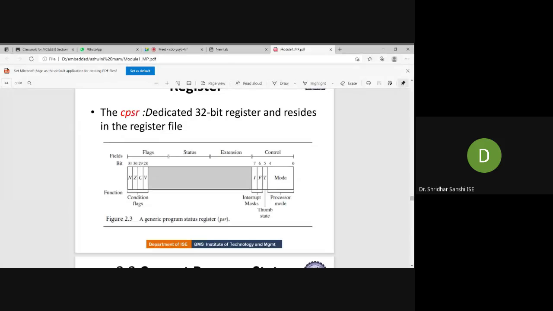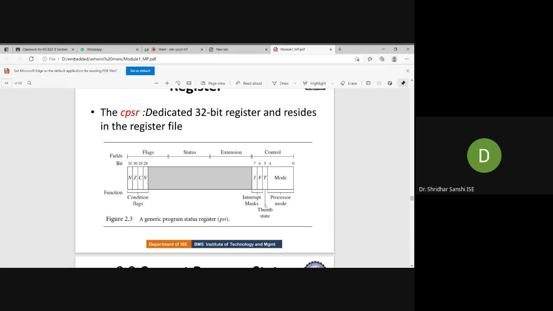The answer is the thumb state. This is the thumb state bit. Counting from 0, the sixth bit indicates the processor state.